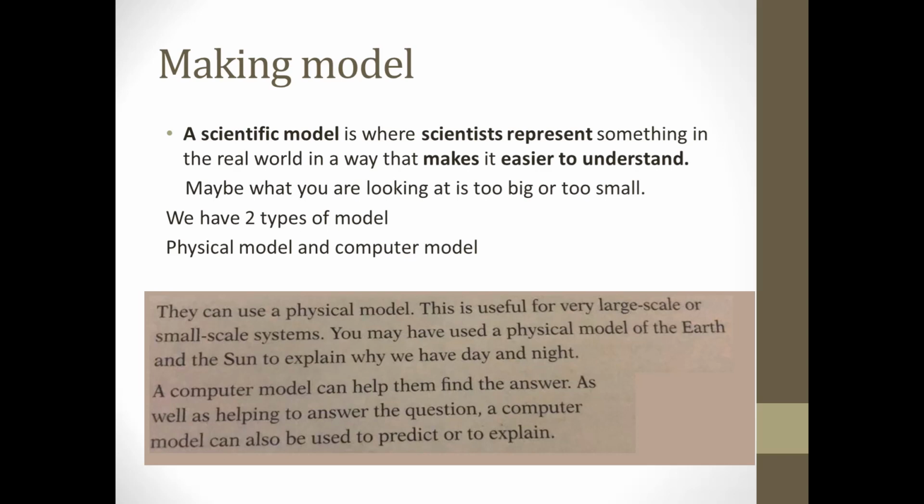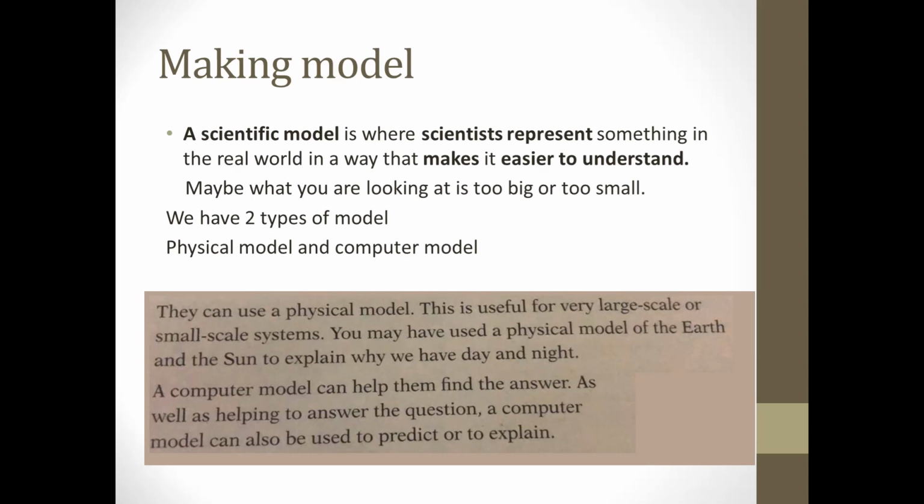We have two types of model, physical model and computer model. What is a physical model? This is useful for large scale or small scale systems. You may have used a physical model of the earth and the sun, for example, to explain why we have day and night. How?